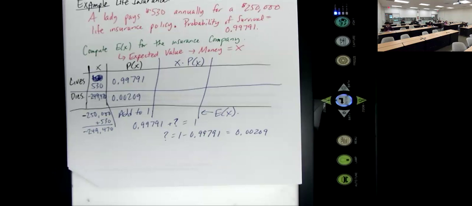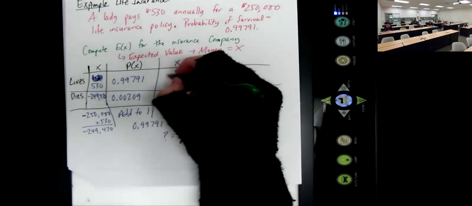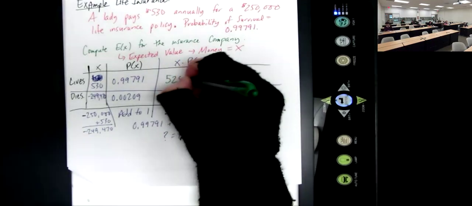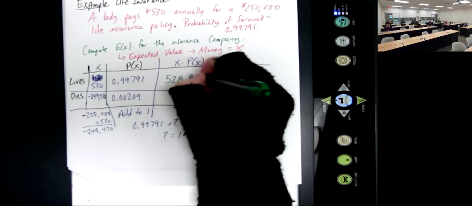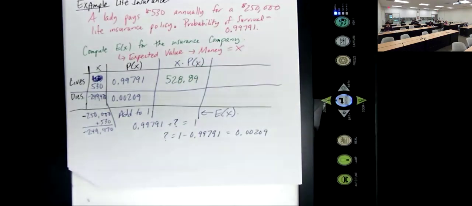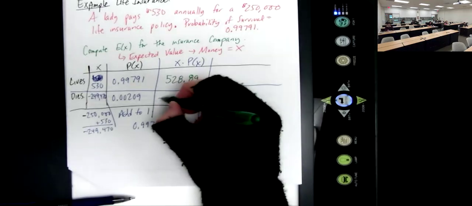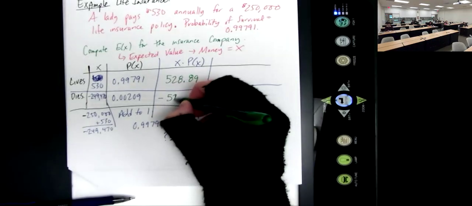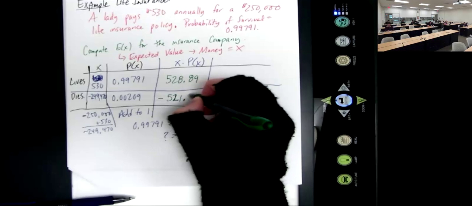I'm only gonna do 2 decimal places because we are talking about money. Then negative 249,470 times 0.00209, I get negative 521.39.